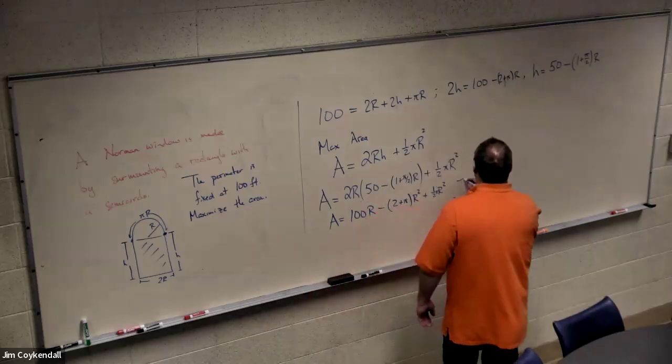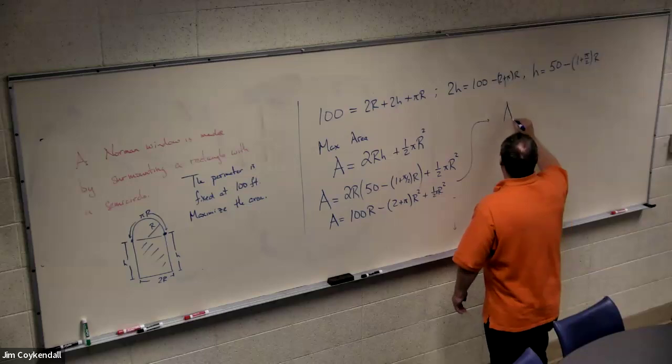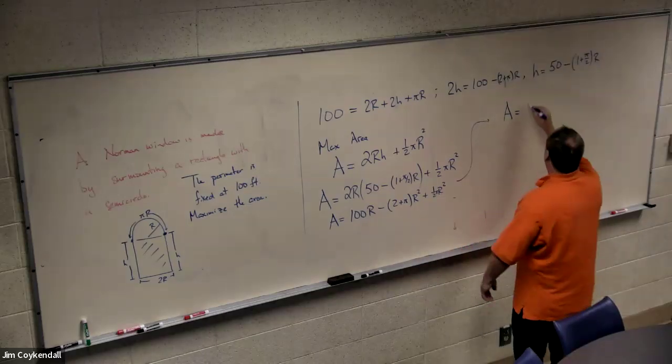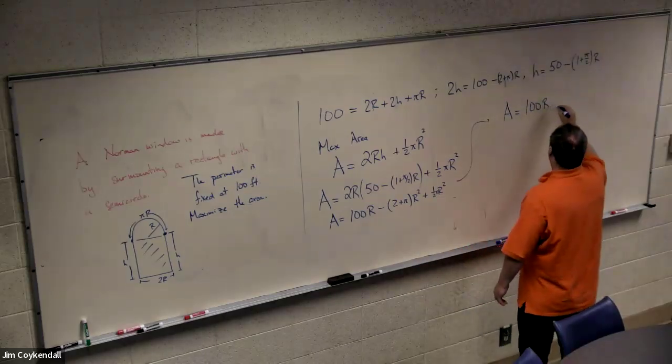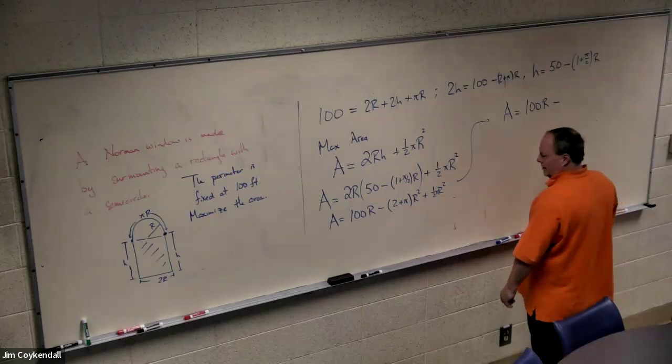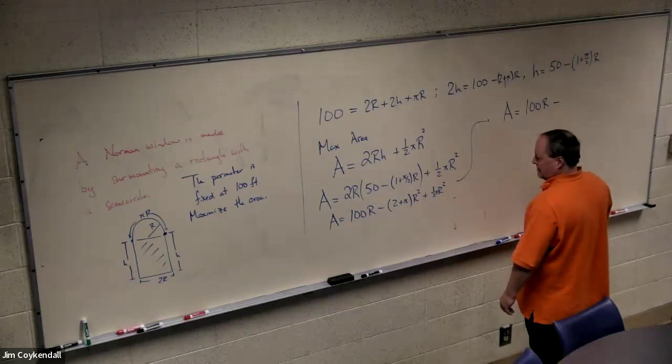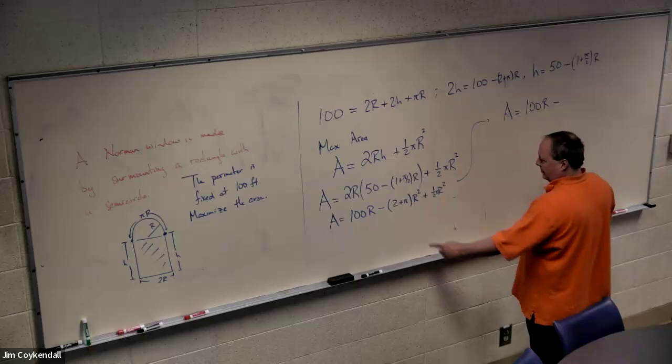So area is equal to 100R minus (2 plus pi over 2) R squared.